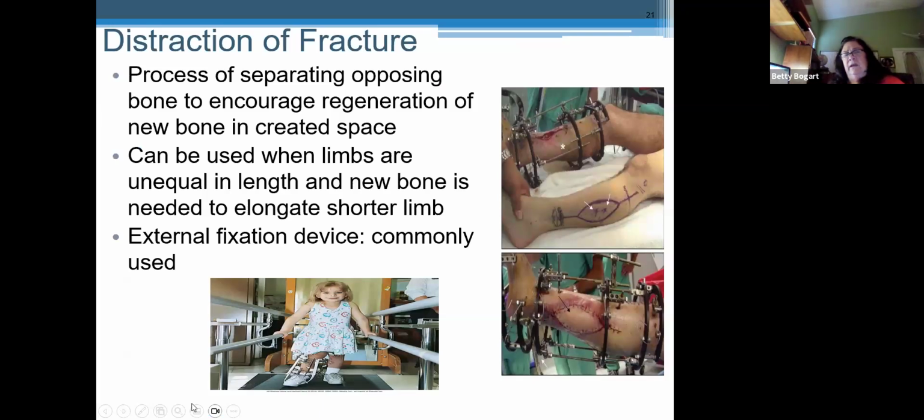Another thing we can use is something called an external fixation device. I've seen my doctor at 50 years old decide that his legs were too short. He did bilateral lower leg distraction with this external fixation device, and he gained 2 inches. But these are mostly done on kids that usually have one leg or one arm that's shorter than the other.